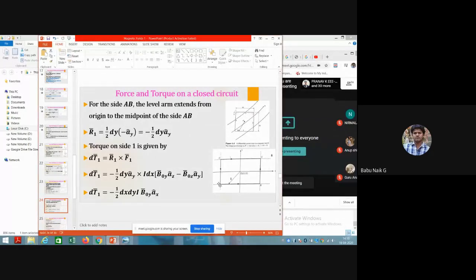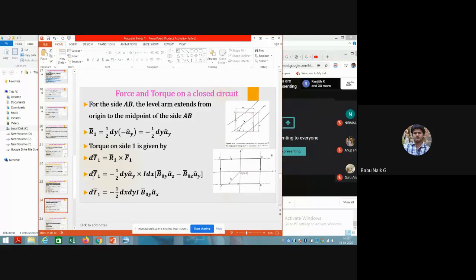Now the total torque on this AB, which is circular motion here, can be calculated from the distance from the origin to AB, the R1 vector, crossed with the force on this AB line, which is F1.